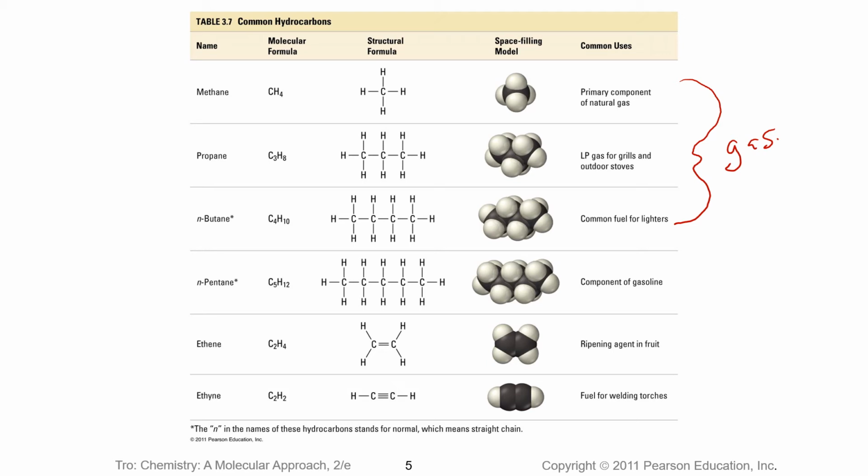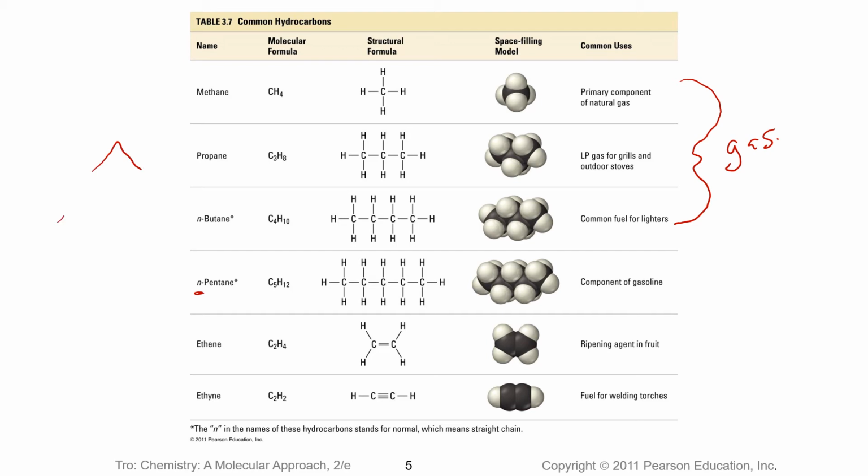Pentane and larger, those are liquids at room temperature. Pentane, again, is 5 carbons. The n in front means that it's a straight chain, no branching. If we wanted to see these in line angle, our propane we've seen.